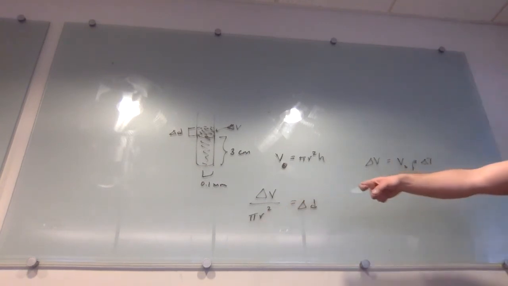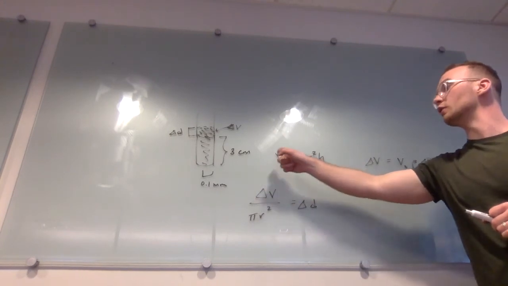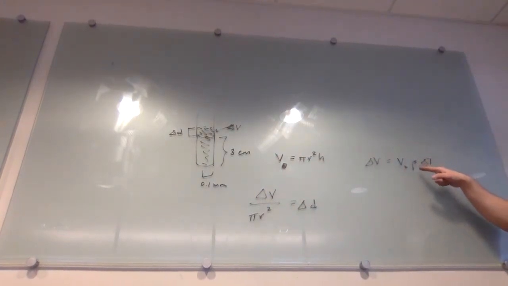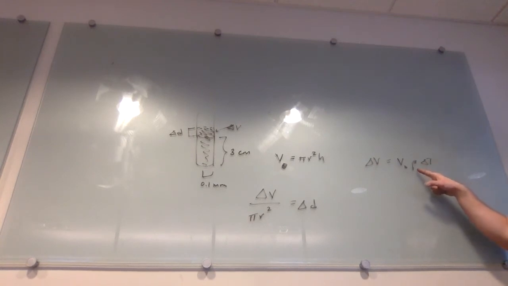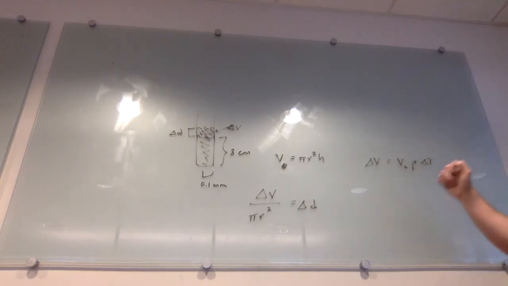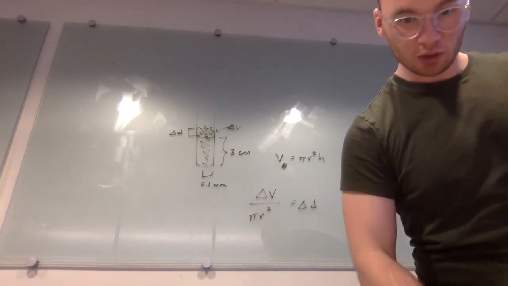So the problem reduces to finding delta V using this and beta for mercury, which has units of inverse temperature. Now, delta T: it doesn't say anything about change in temperature in the problem. So what will we use for delta T?